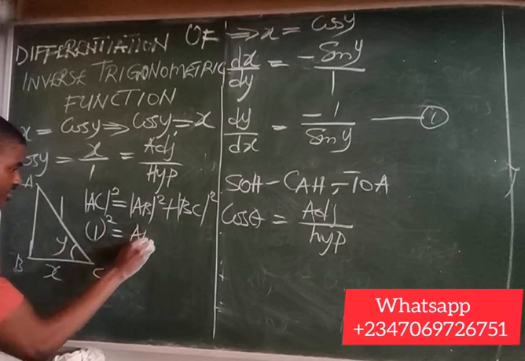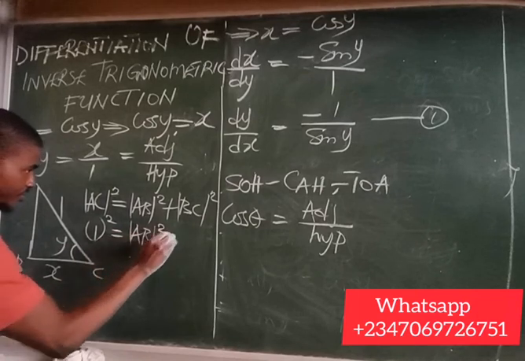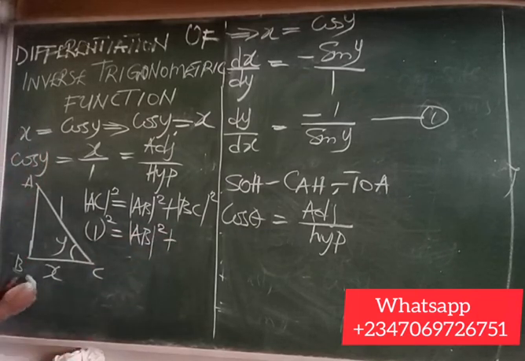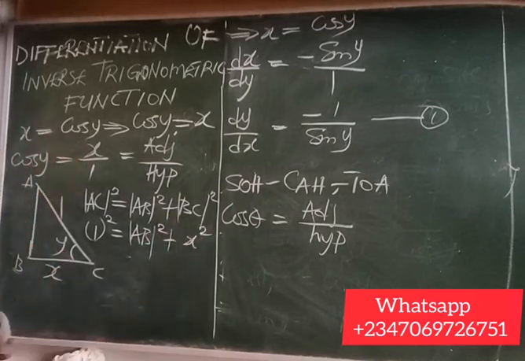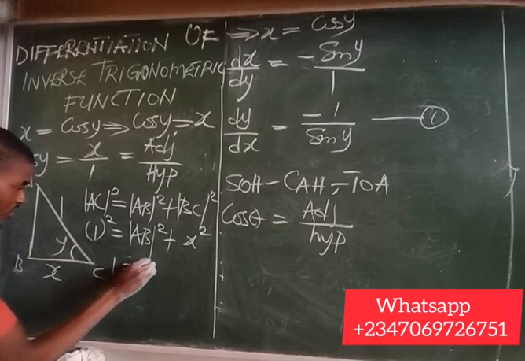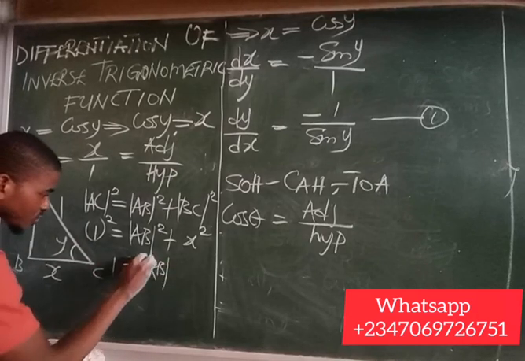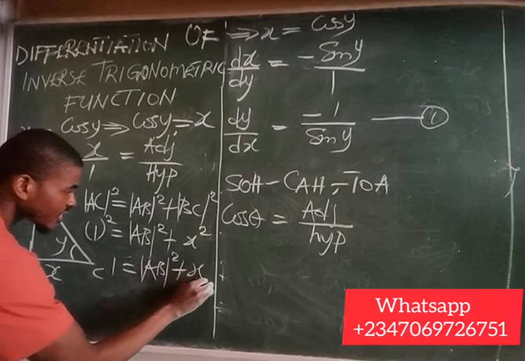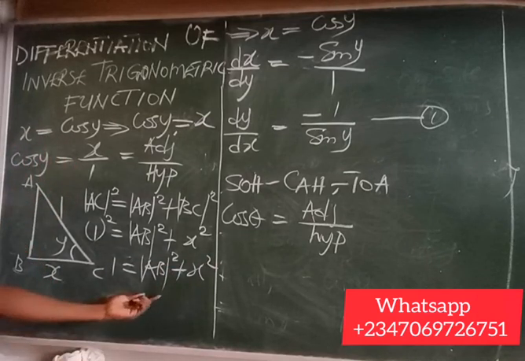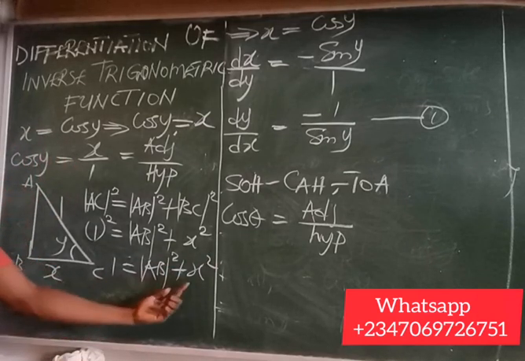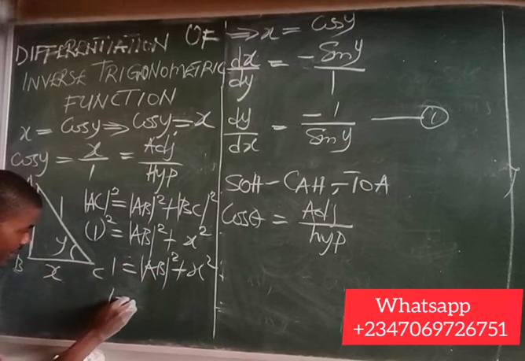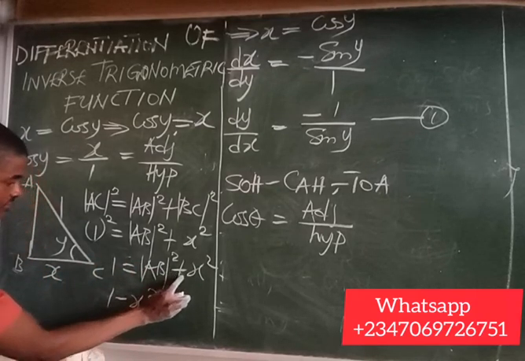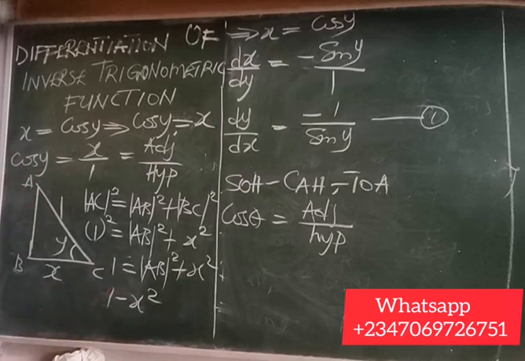So we simply have 1 squared equals AB is the opposite arm which we are looking for. So simply keep it AB squared, plus BC here is x. So we simply have plus x all squared. Of course, 1 squared remains 1 equals AB all squared plus x squared. But I need AB, which is what? The opposite arm. Simply send x squared over here. If I do that, I will simply have 1 minus x squared. Of course, positive sign crosses an equal to sign becomes negative.